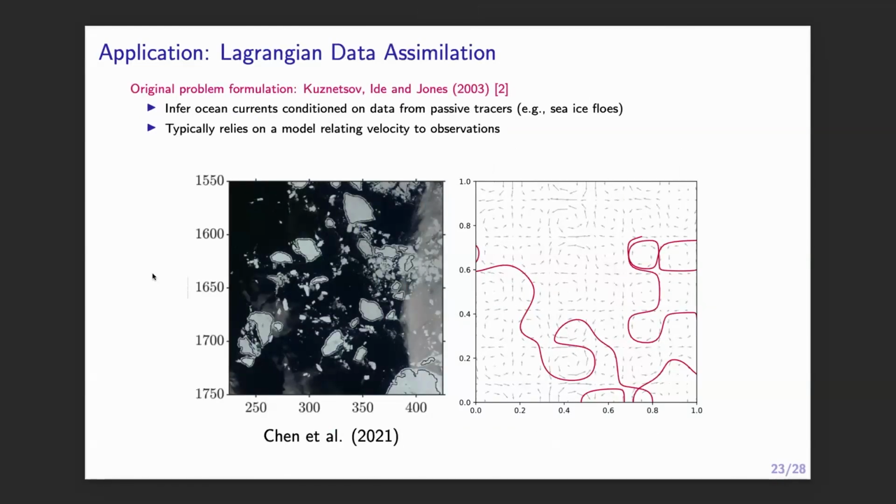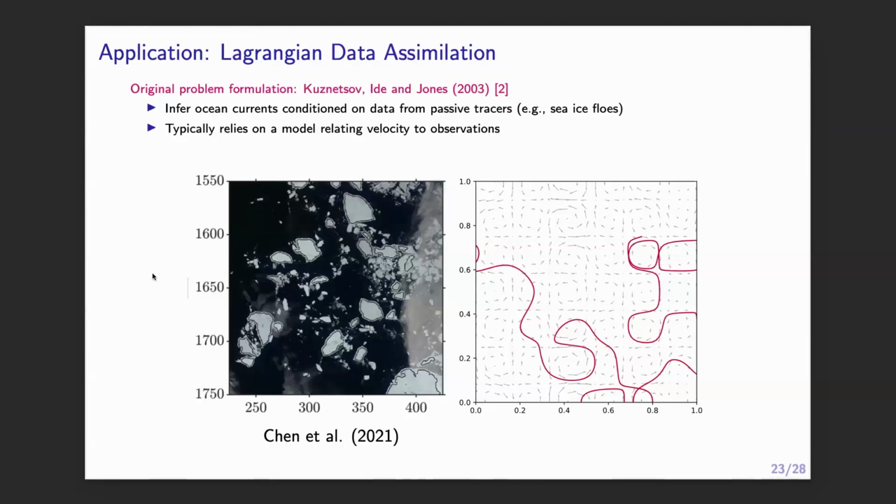The last application is this science example. Going back to what we introduced at the beginning, this is the problem of trying to relate trajectories of sea ice flows to ocean currents, something that was originally introduced back in the early 2000s. Most approaches to do this have relied on having some oceanographic model to relate tracer positions to currents.